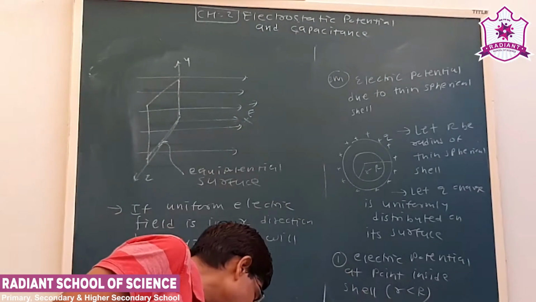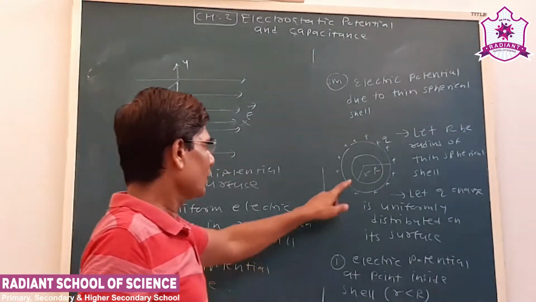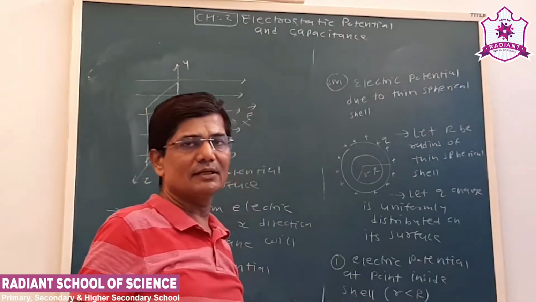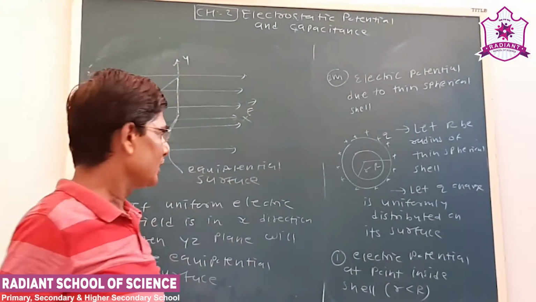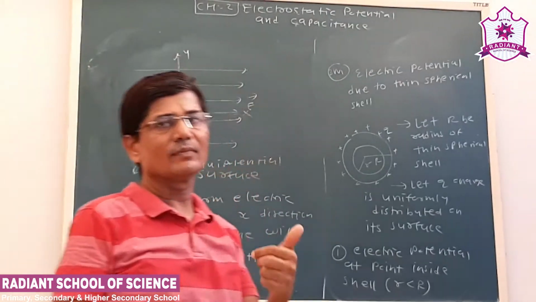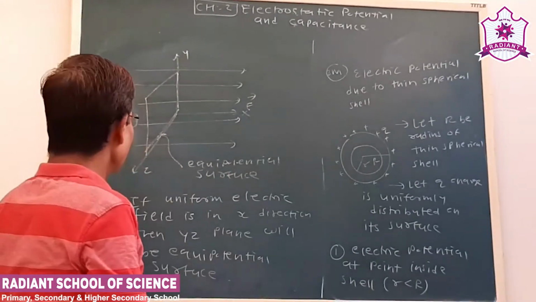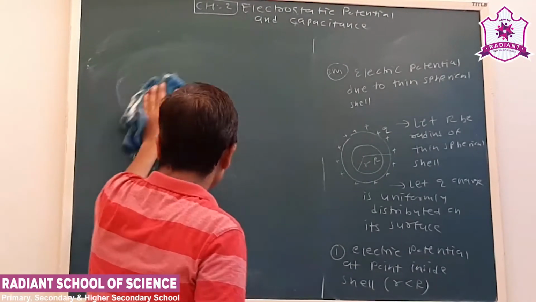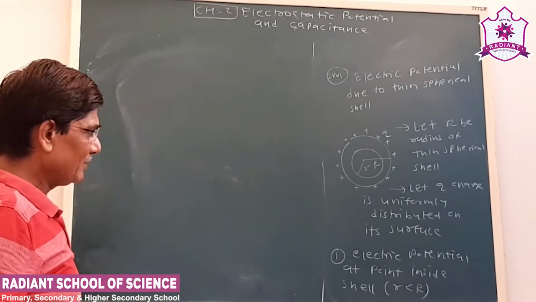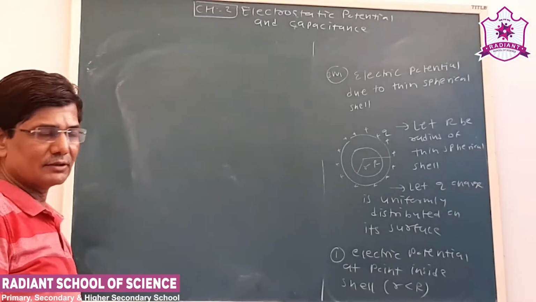Now see, in the first lesson we have seen that in a uniformly charged thin spherical shell, charge is on the outer surface. Inside the shell there is no charge. And if there is no charge, electric field inside the shell will be 0. That also we have seen earlier.